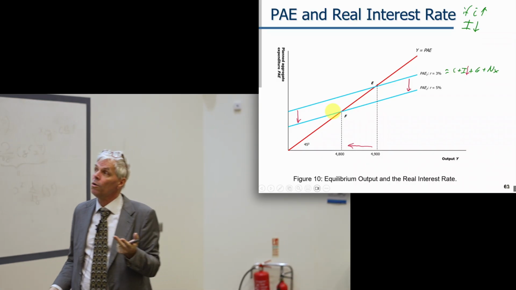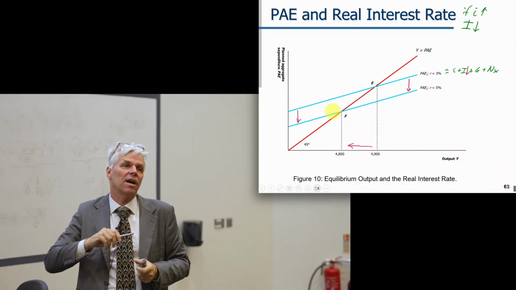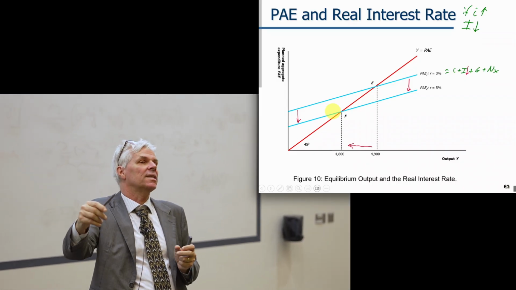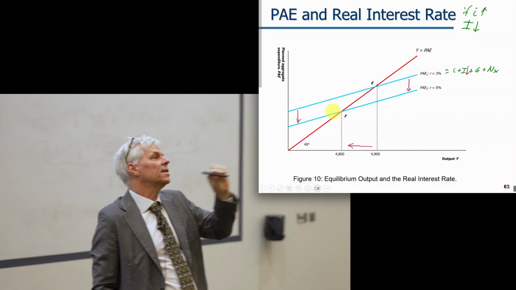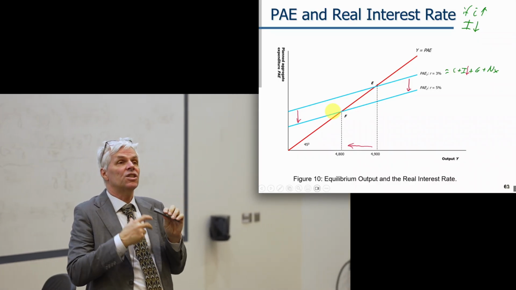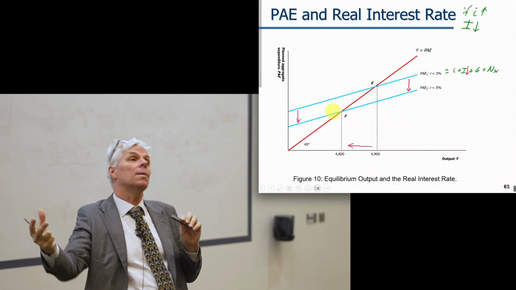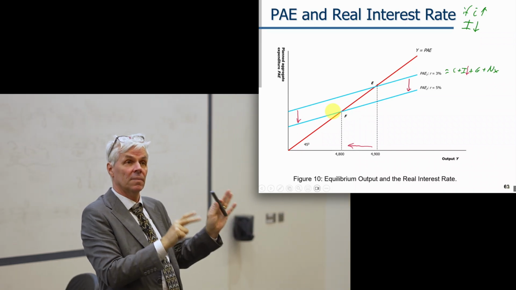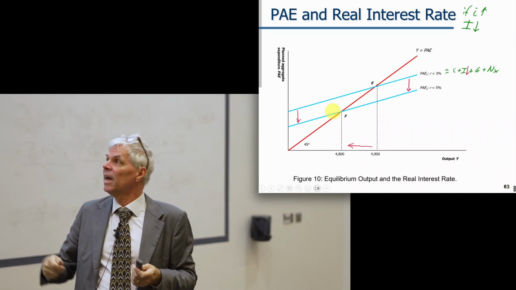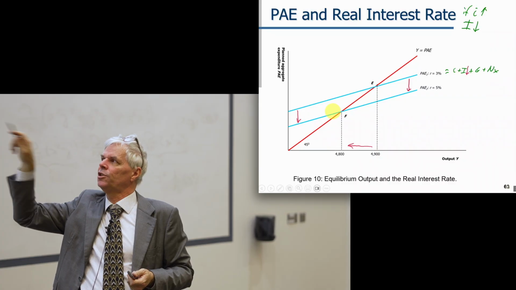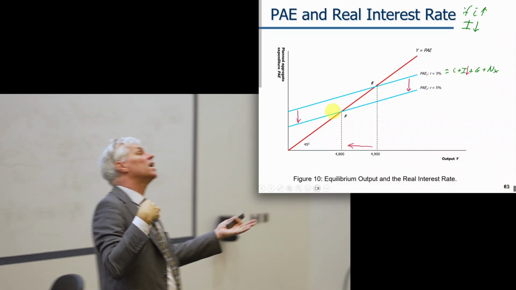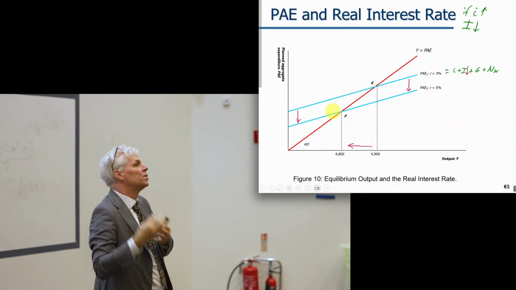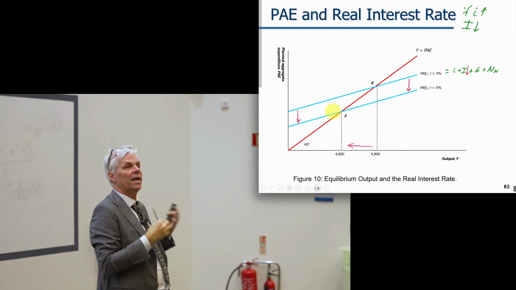Or we can shift it down by reducing government spending, increasing taxes, or raising the interest rate, so that these financial options look really great compared to doing anything real. Okay? And that's going to be the idea. I put this here not because you should be convinced at this stage, but because we've been playing around with the model, and you should see where it's going to fit into the model at the end.